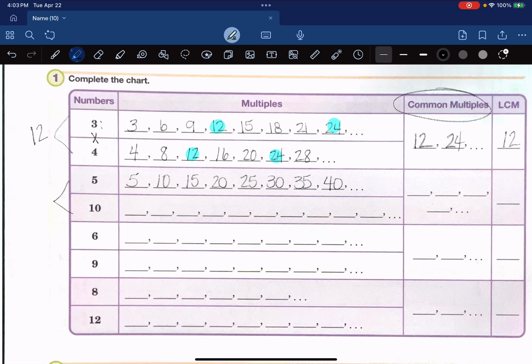And in that case, that was the first one that was actually the same, the first one that was common. It won't always be the first one, so that's why you need to list out all of them. You can't just say, oh, 3 times 4 is 12, 12 is my multiple, and be done. You have to do all of them because there might be one that's smaller that comes first.